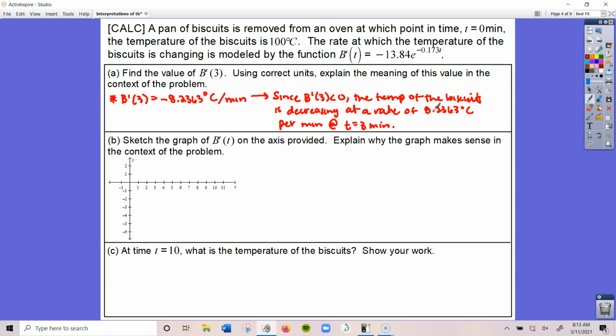So notice that I didn't write negative 8.2363, and that's because I already said that it was decreasing. So just a side note there.